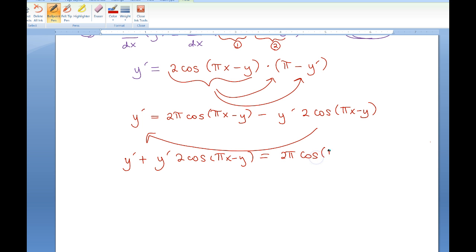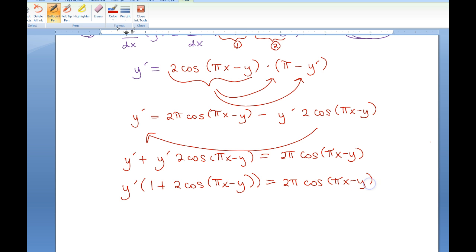Factor out the y prime, and then divide. So we get 2 pi cosine of pi x minus y all over 1 plus 2 cosine pi x minus y.